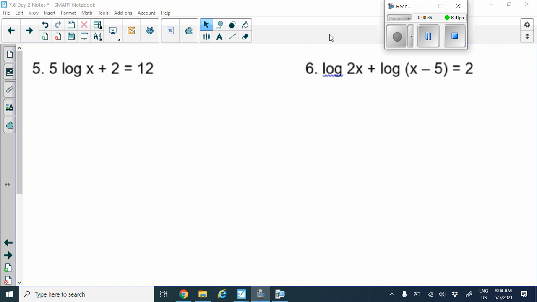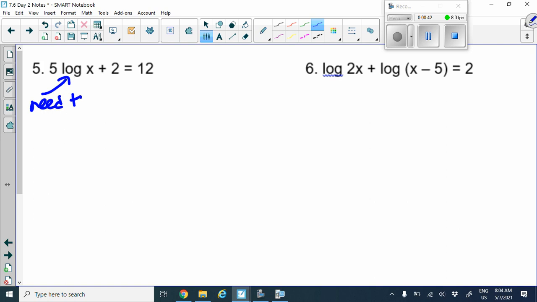Well, our log of x is not isolated. Okay, so we need to isolate it, so we have log equals a number.